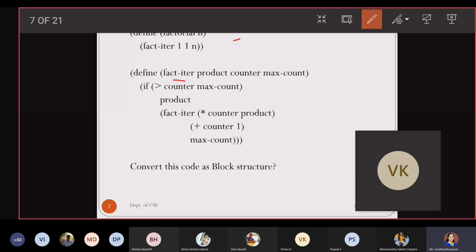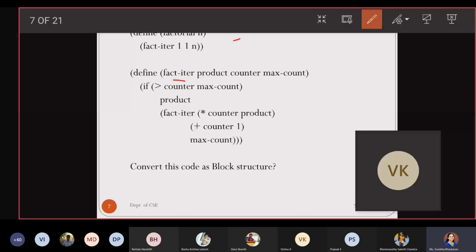The fact procedure is closed, and only then we define the fact ITR procedure. That means if anyone wants, they can access fact ITR through fact, or fact ITR can be accessed directly. So that means it is open.